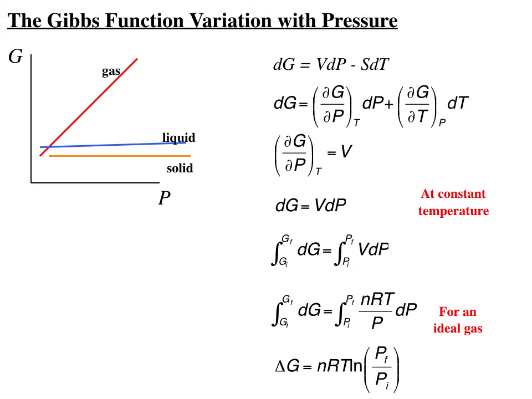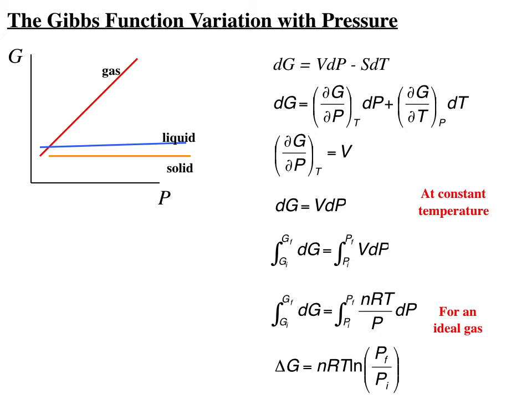We can play some similar games to investigate how the Gibbs function varies with pressure. Again, we begin with the combination first and second law, the fundamental equation of thermodynamics for the variation of the Gibbs function, and that is VdP minus SdT.